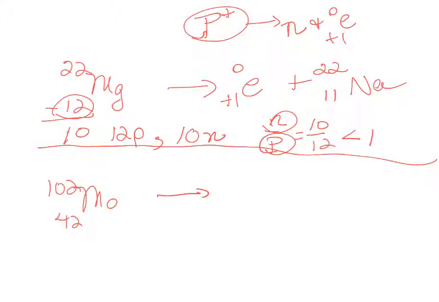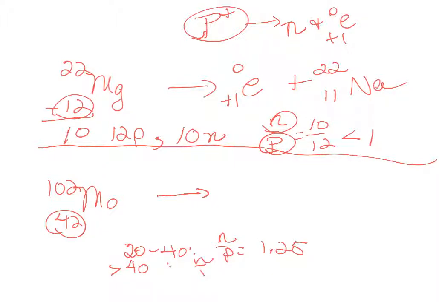Alrighty. And molybdenum, atomic number 40. So if you remember, atomic number 20 to 40 is most stable with a neutron to proton ratio of, I think, 1.25, and greater than 40, neutron to proton ratio should be 1.5. So you want a lot of neutrons. This is a large element. So let's see how many we have.